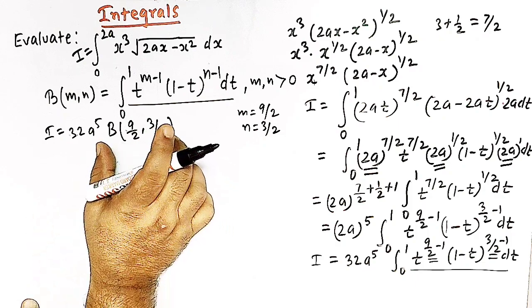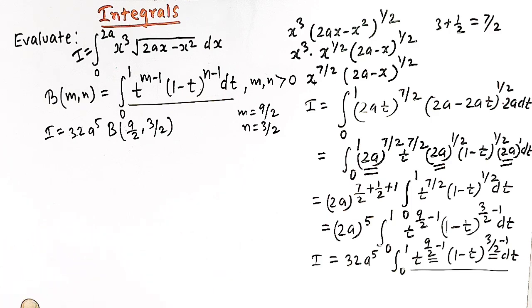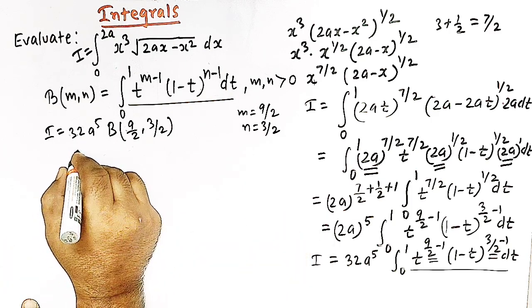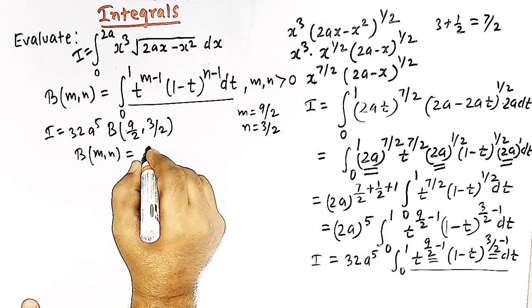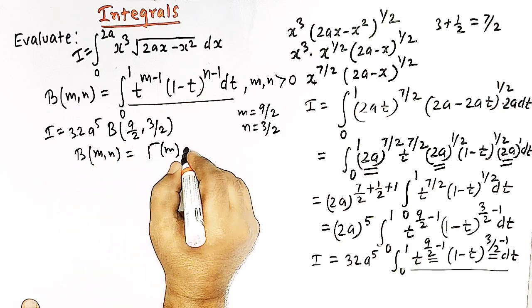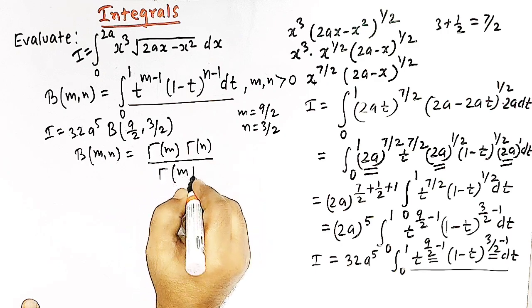So now to get the value of this expression, we have to make use of the relationship between the beta function and the gamma function. And we know that beta m comma n is given by gamma m times gamma n divided by gamma m plus n.